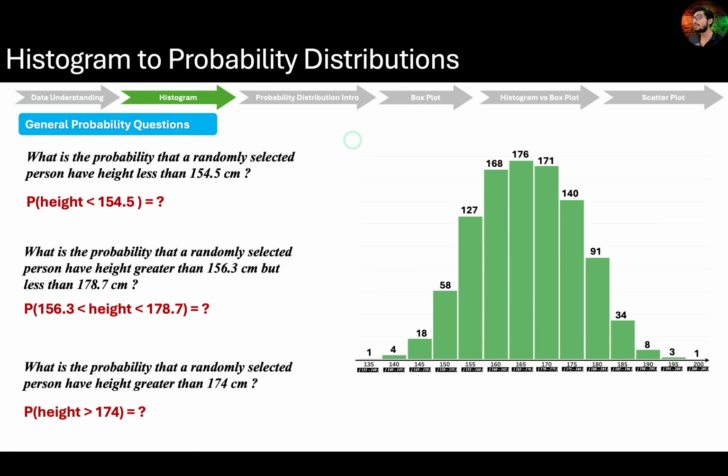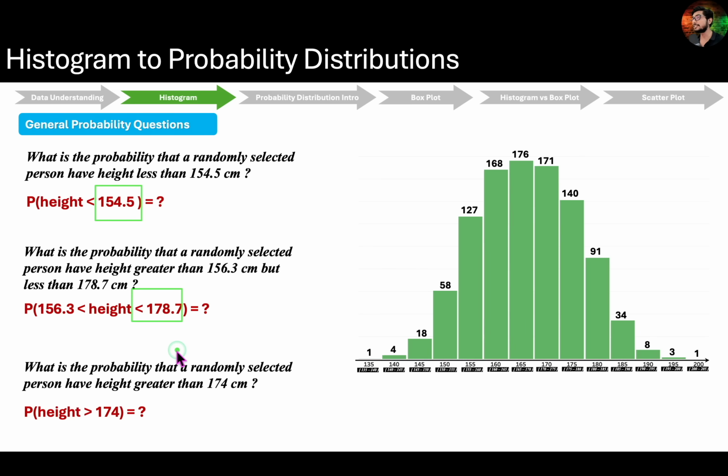Or someone who is taller than 174 centimeters? In all these cases, these specified values fall within bins rather than at their edges. This highlights a key limitation of histograms. They are not ideal for calculating precise numerical probabilities for these types of arbitrary value ranges.